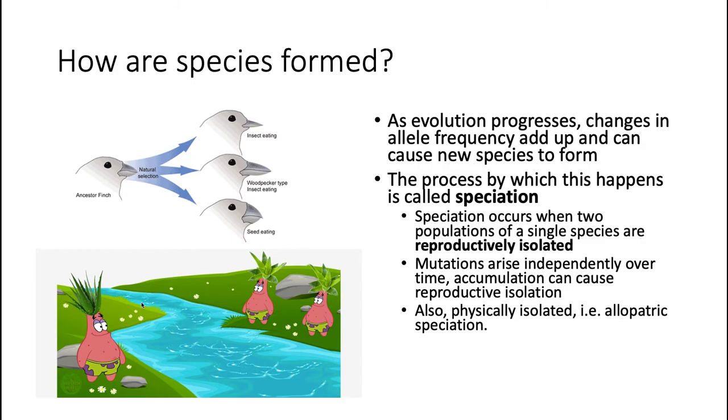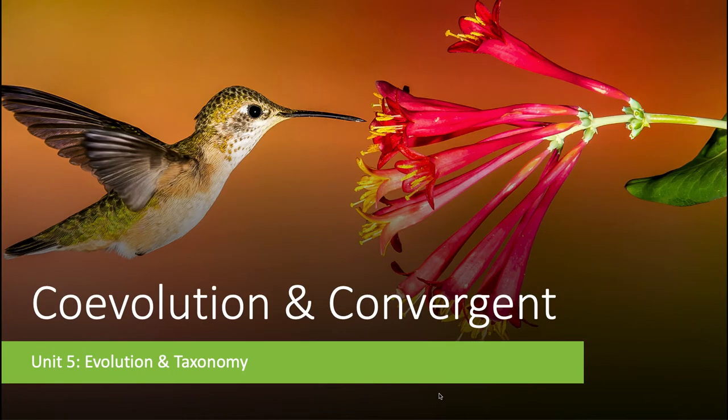And over time, they build up allele differences, genetic differences, and adapt to their environments differently. So we've started with one species, but over time, we have two different species now due to physical isolation by this river, okay? So I just wanted to introduce these two ideas because you're definitely going to talk about them later on at some point, whether it's in this class or ecology.